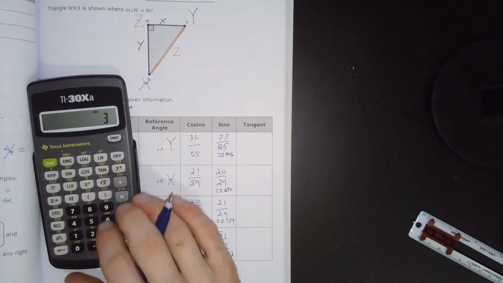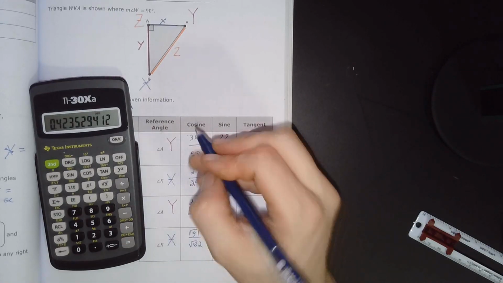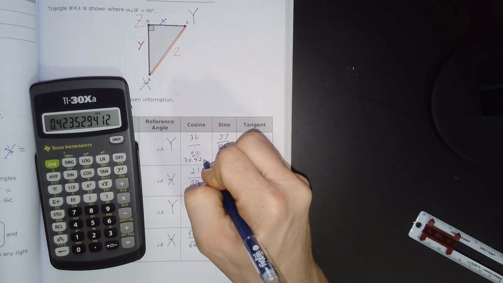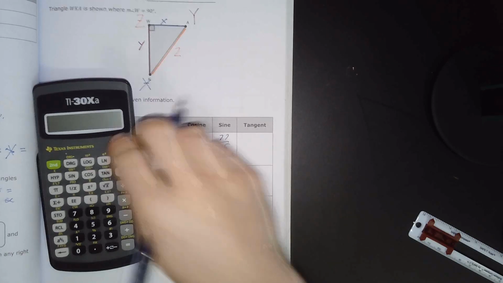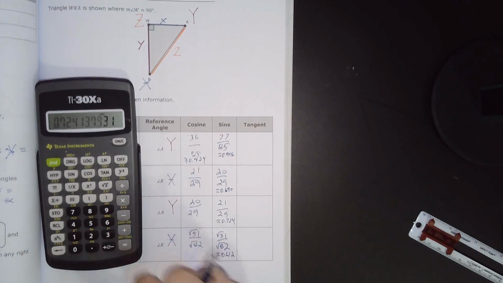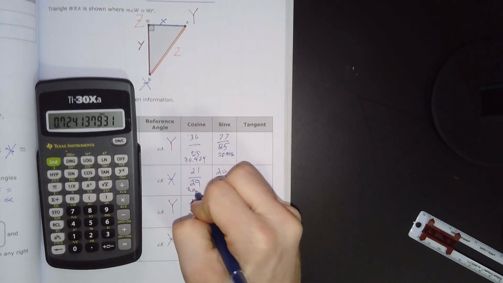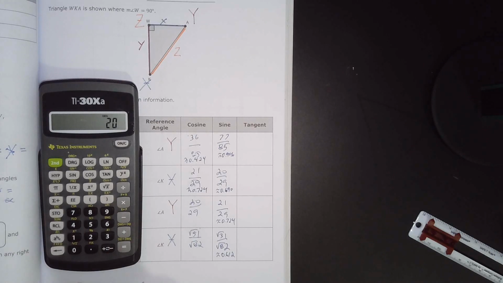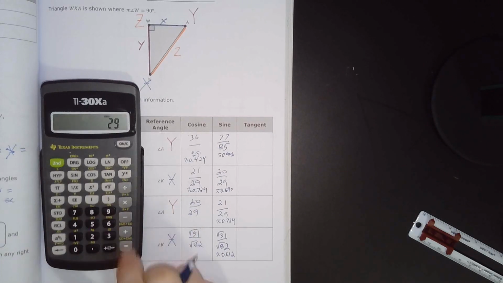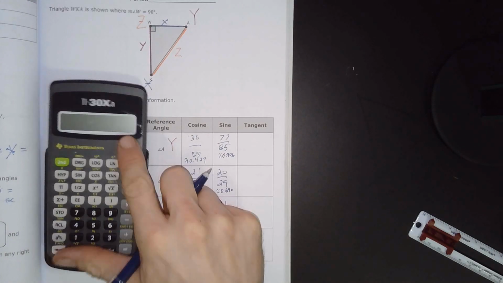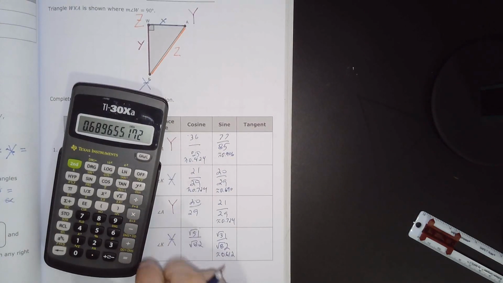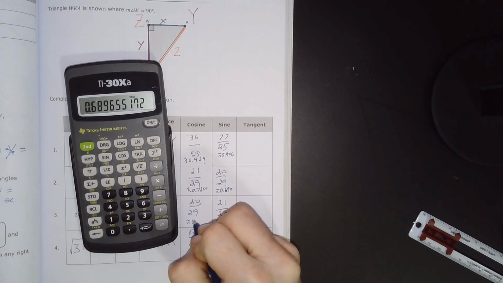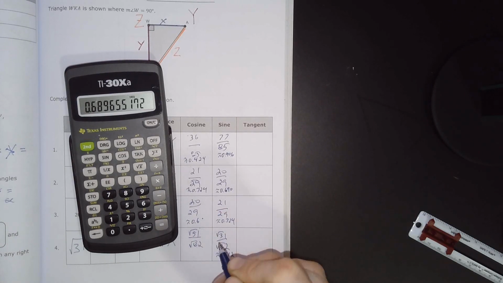That's 36 divided by 85. That's approximately 0.424. 21 divided by 29 is approximately 0.724. 20 divided by 29 is approximately 0.690.